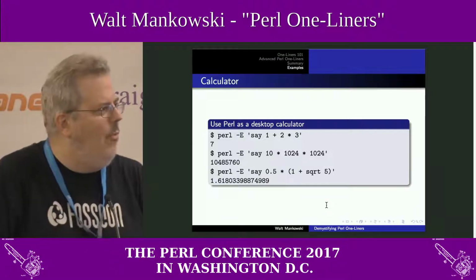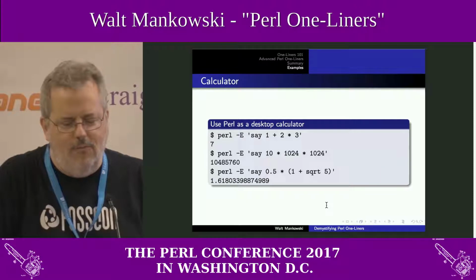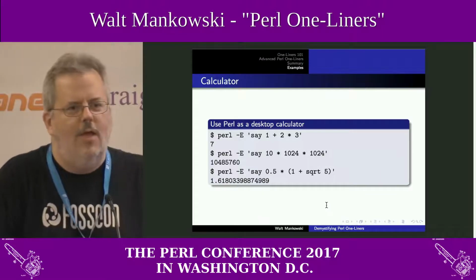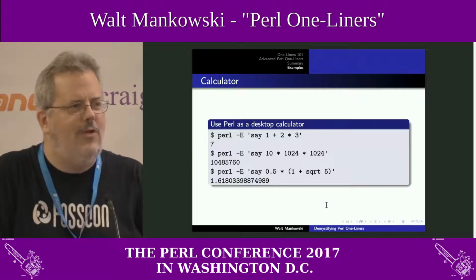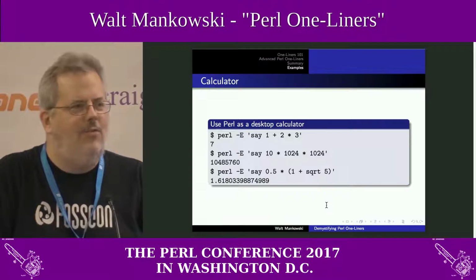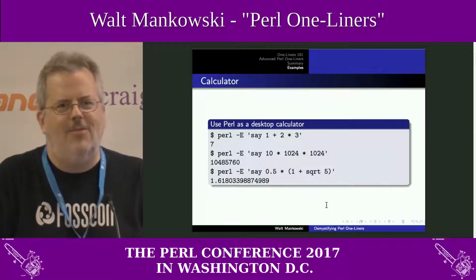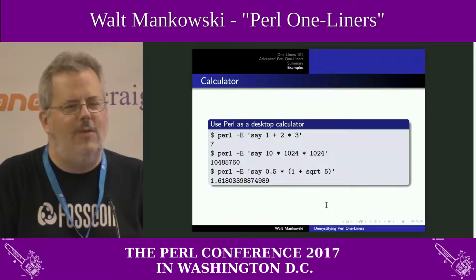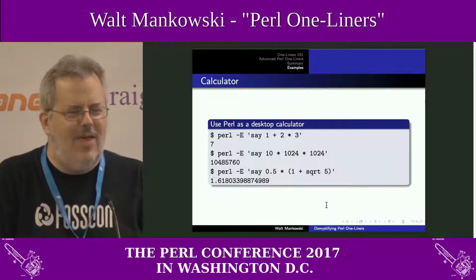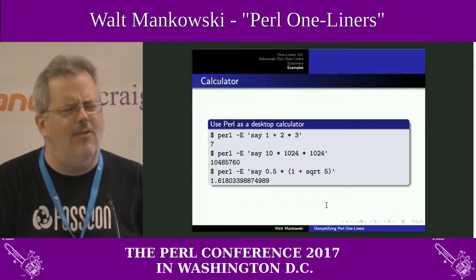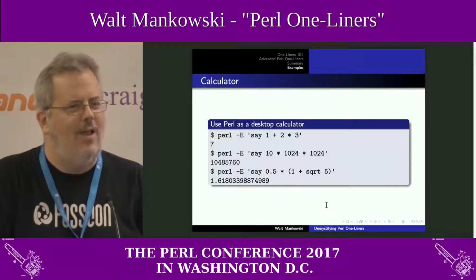So might be the one that I run the most is that I use Perl as a desktop calculator. This is mainly because I've never figured out how to run bc, which I guess is the way you're quote-unquote supposed to do this. And someone told me at lunch that if you run bc -l, maybe, because I always got confused about the precision. The precision wasn't what I expected it to be.